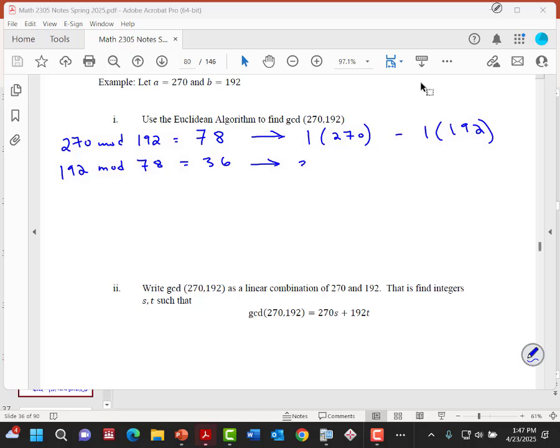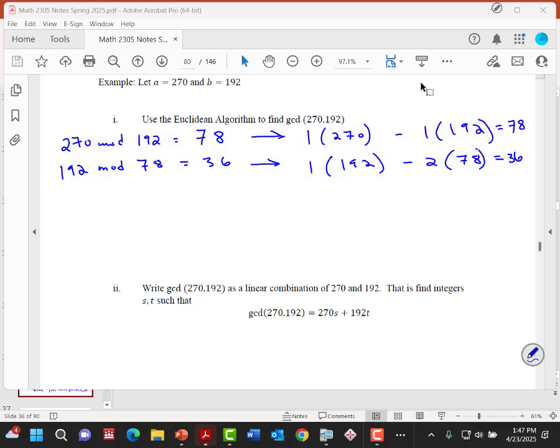So this means that I can write 36 as 1 times 192 minus 2 times 78. Okay? So this equals 36, and this first guy right here equals 78.